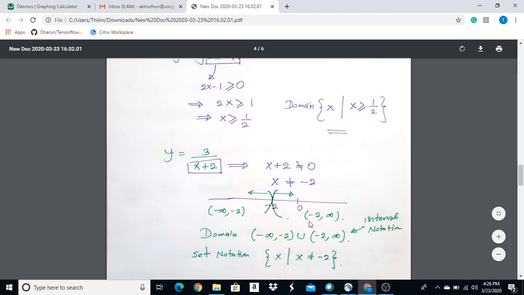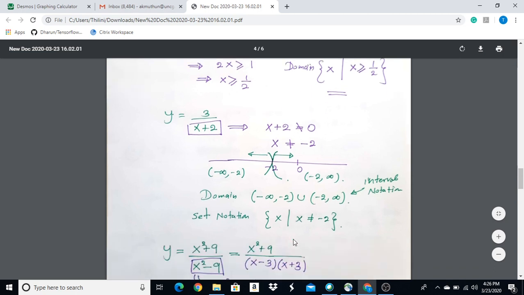On the right-hand side, starting at negative 2 but not including it, up to positive infinity, you get this interval. Here we have two intervals which are disjoint. There's no intersection, so we join them using the union notation. So this is the domain of this function in interval notation. And in set notation, you can simply say all the x values such that x should not be negative 2.